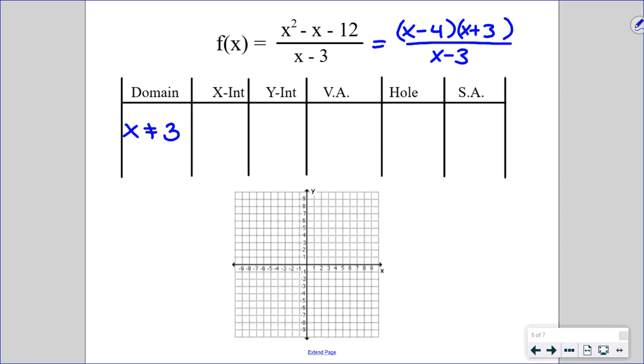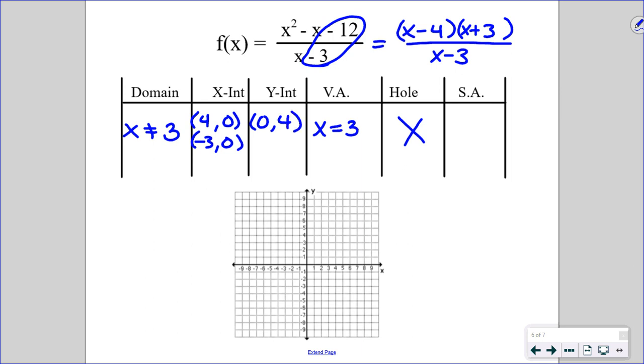We don't have any factors the same top and bottom, so there's no hole, which means there's a VA at x equals 3. There are 2 x-intercepts, zeros of the numerator: (4, 0) and (-3, 0). To find the y-intercept, we divide negative 12 by negative 3, and that equals 4.